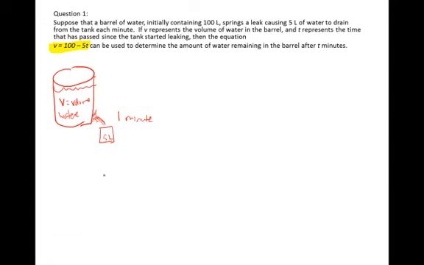Then what I should do is I'm going to label what these variables, this V and T, are. So I know that V, like I was saying here, V represents the volume of water. T here, T represents time.